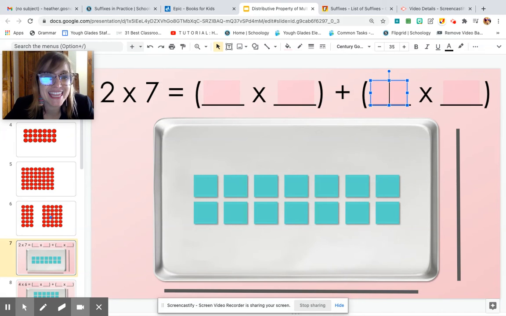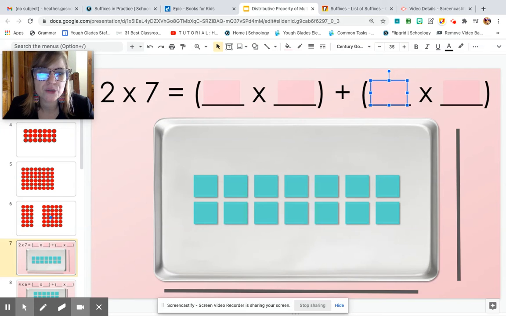So looking at this simple math fact, how can we break this apart into even smaller units? So in your assignment it looks like this. You are going to just be practicing today dividing up or distributing this array, okay?